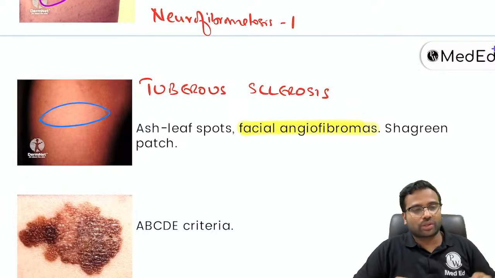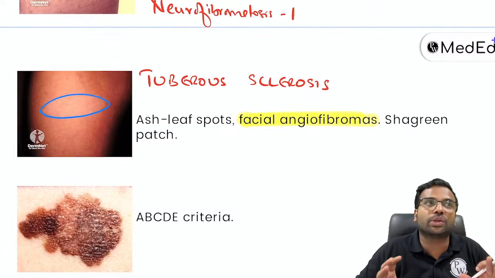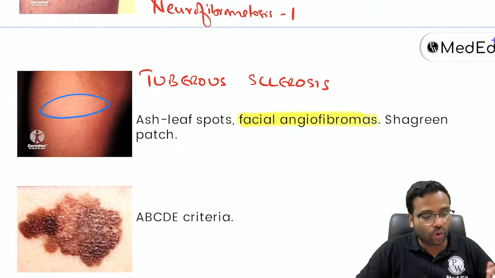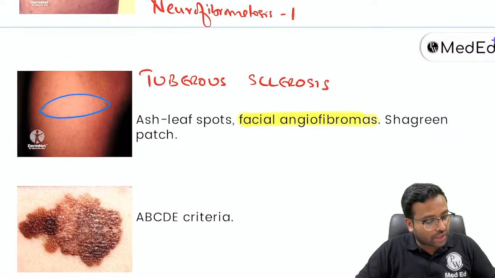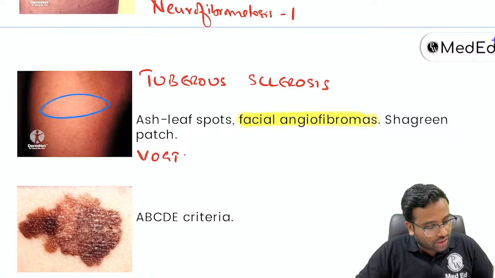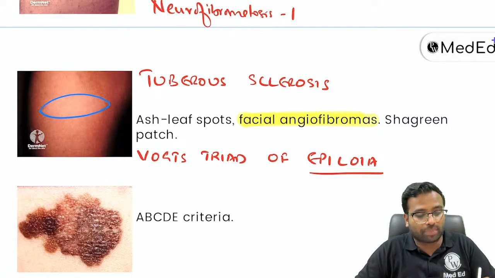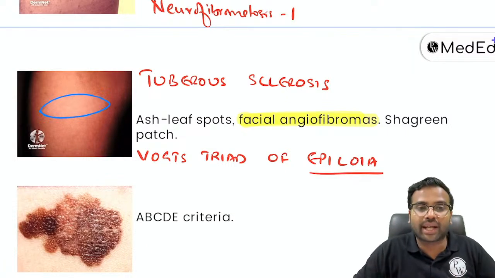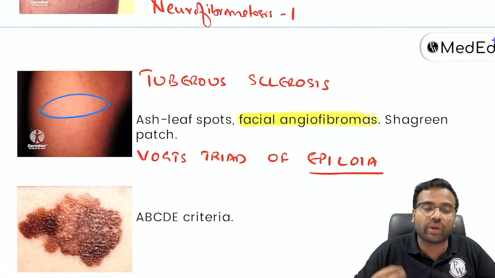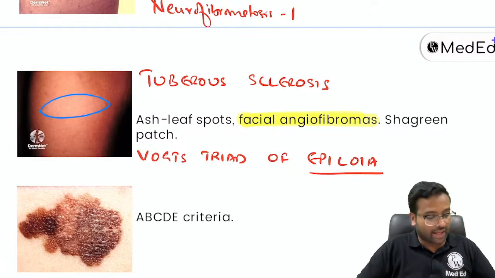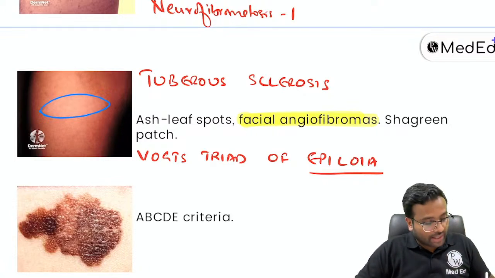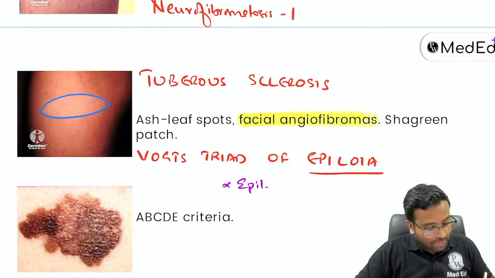So in tuberous sclerosis, just remember that in case you get a clinical scenario, this is called the Vogt triad of epiloia. So why am I mentioning the Vogt triad of epiloia now is because the question can give you multiple clues that the patient is having epilepsy, that is EPI.